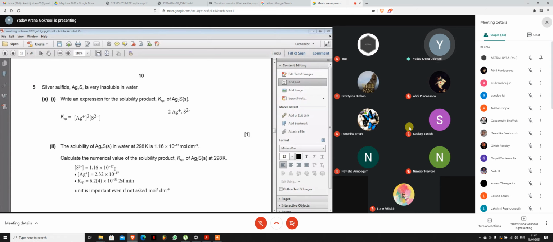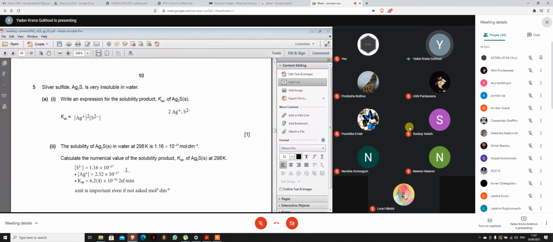The concentration is 1.6 times 10 to the power minus 17. But 1 mole of Ag2S gives 2 moles of Ag+, so the concentration of Ag+ will be twice. Okay, so you take care when you are working it. I repeat again, you have to write down the equation. The marking scheme has not given the equation, but you needed to write down the equation.